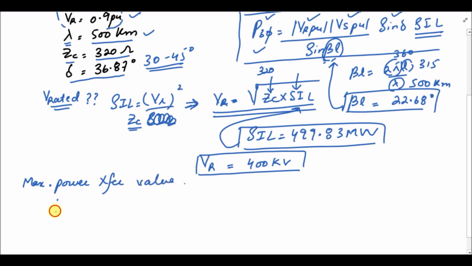For that, you know the formula of three-phase power transfer, which is equal to VR VS over X dash sine delta. And for the maximum power transfer, this delta should be equal to 90 degree.